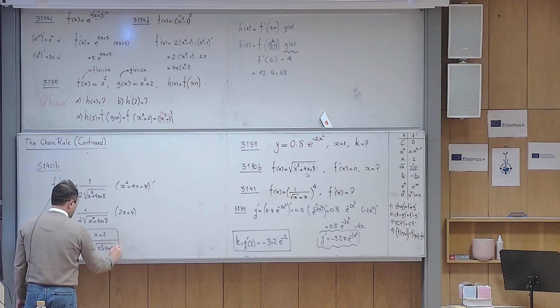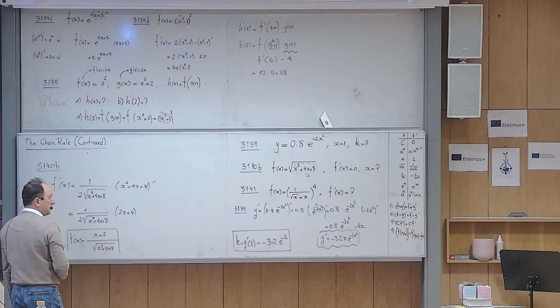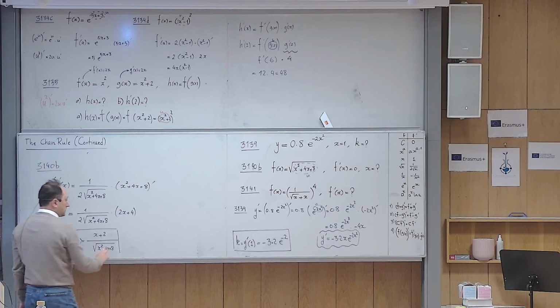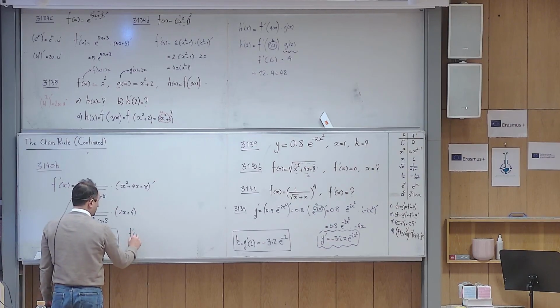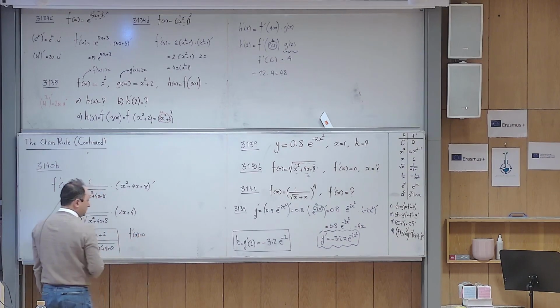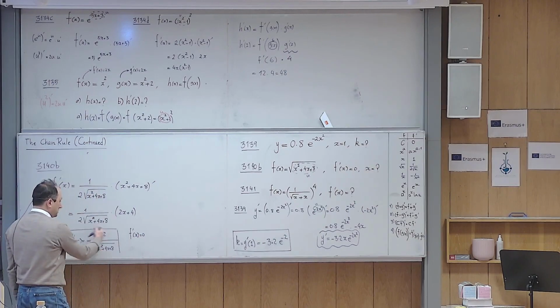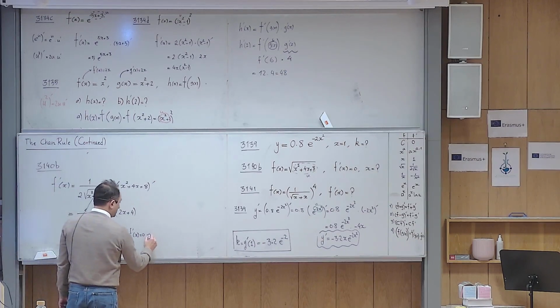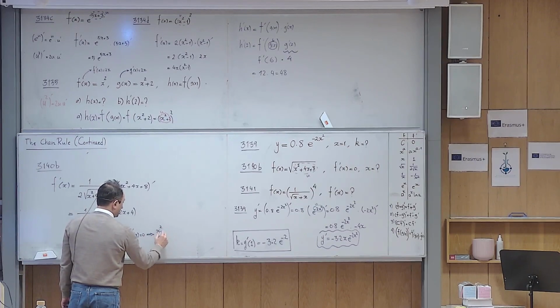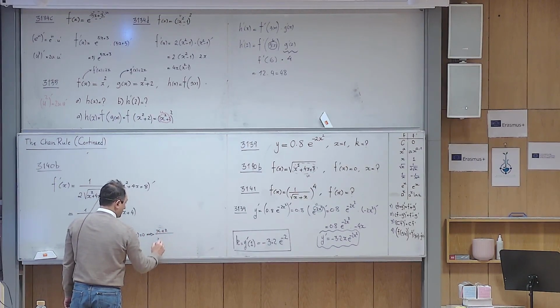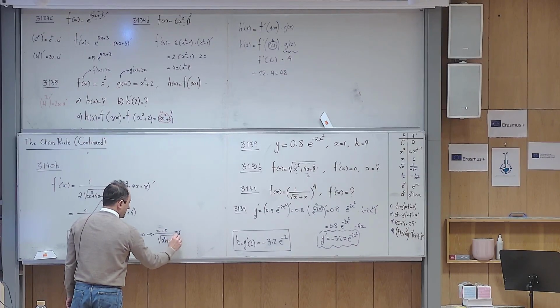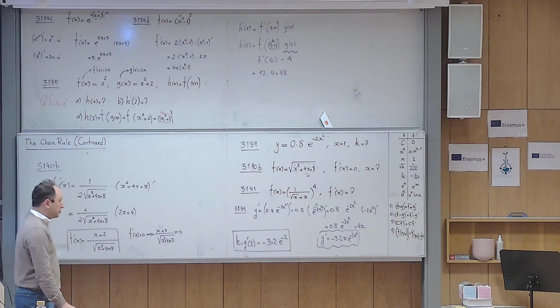But the goal of this question is to find x for which f prime of x is equal to 0. So this means that I equate it with 0 and then try to find x. This is my derivative, and I equate it to 0. So x plus 2 over the square root of x squared plus 4x plus 8 equals 0, and I intend to choose x in a way that the answer becomes 0.